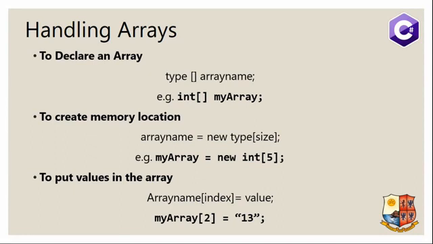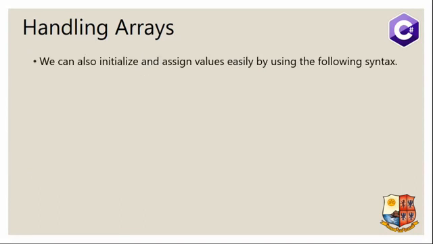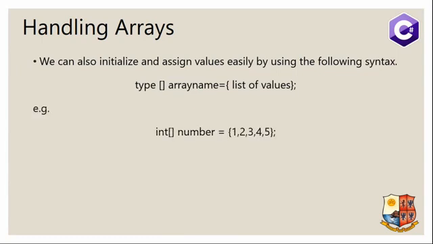Again, handling arrays. We can write and directly declare a value without even telling the size. In the last slide, what I showed was if you told the size, you have to tell one by one after that the values that are to be put inside. But this is a way in which you can assign as well as initialize in one line itself. Like this, for example, int array called number is equal to, within flower brackets, I've put 5 values.